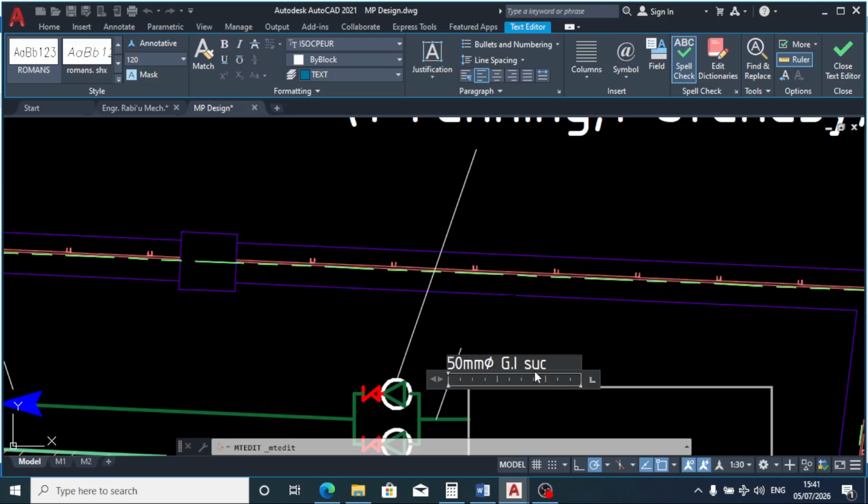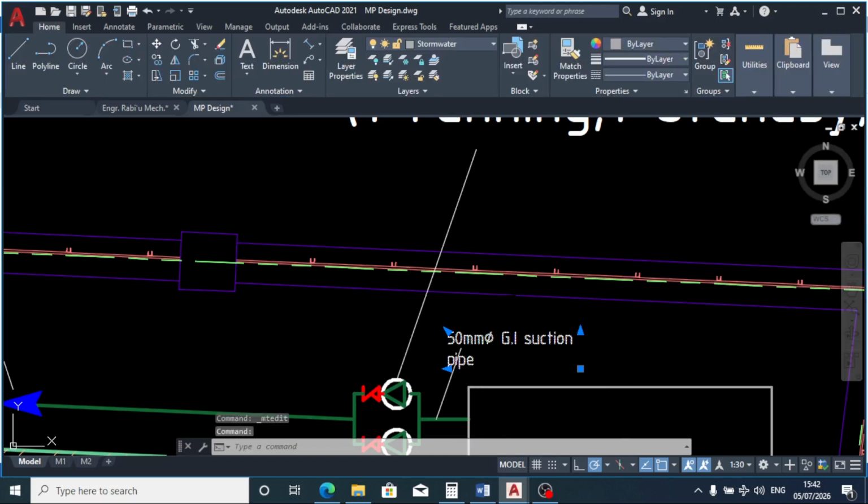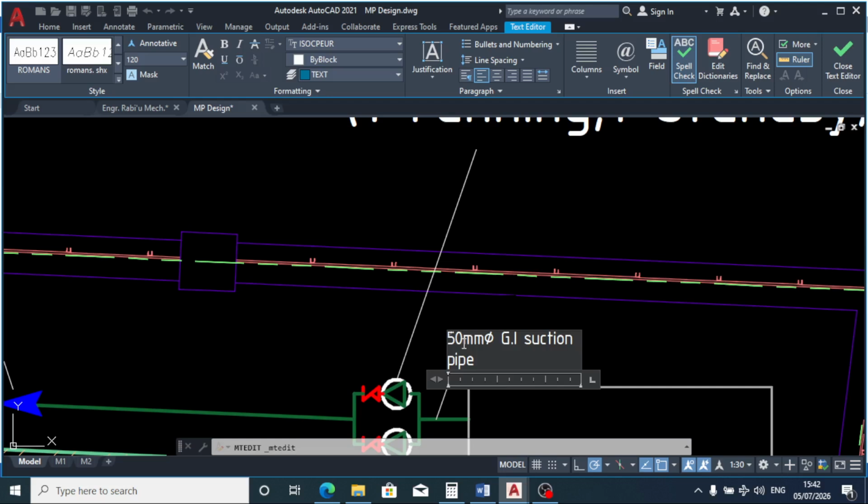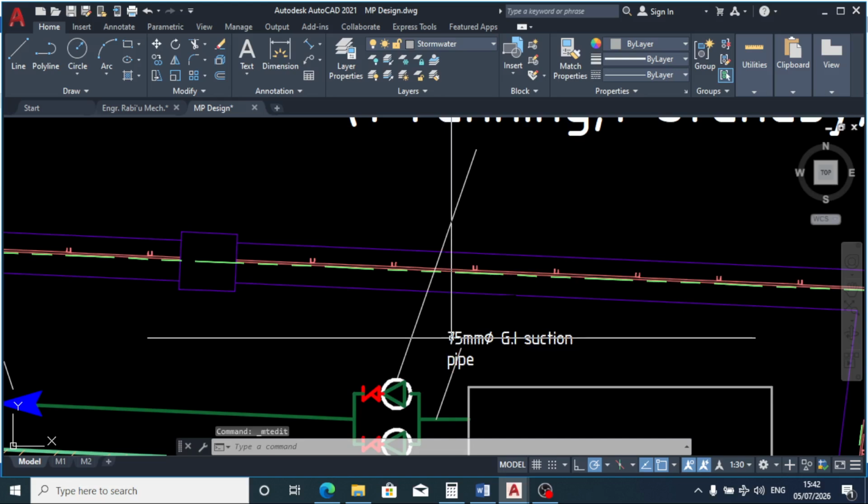Suction pipe. Sorry, you said 75, right? Yes.